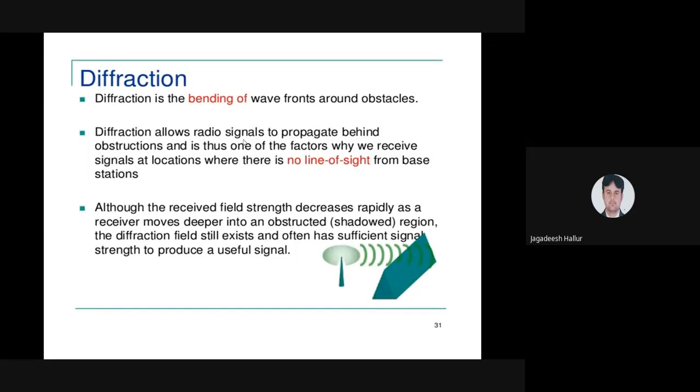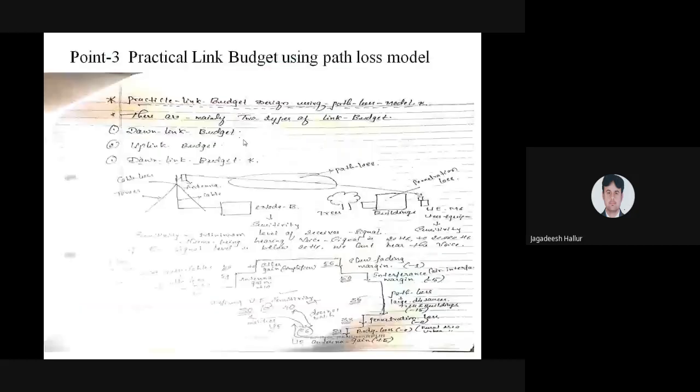To strengthen the signal, we use amplifiers or repeaters installed at the receiver section. That is diffraction: diffraction of wave, diffraction of sound, or diffraction of light. This is the meaning of diffraction.